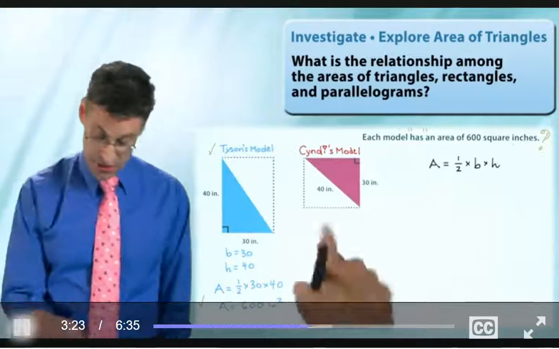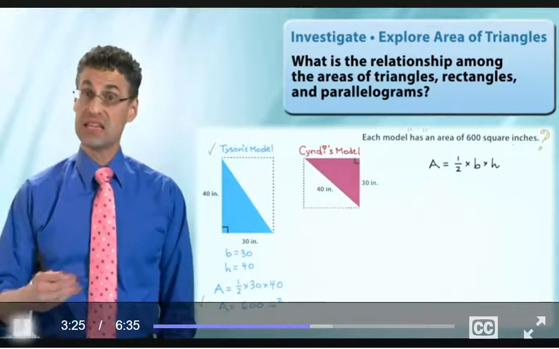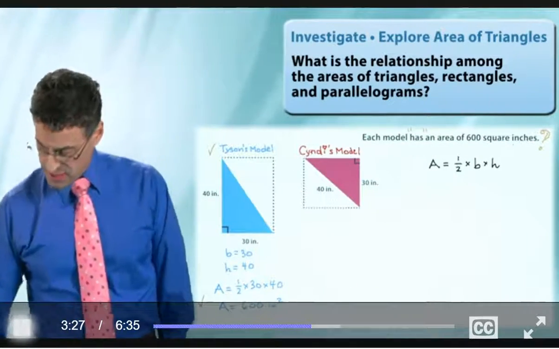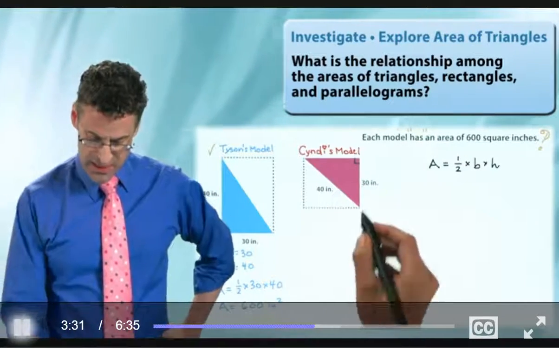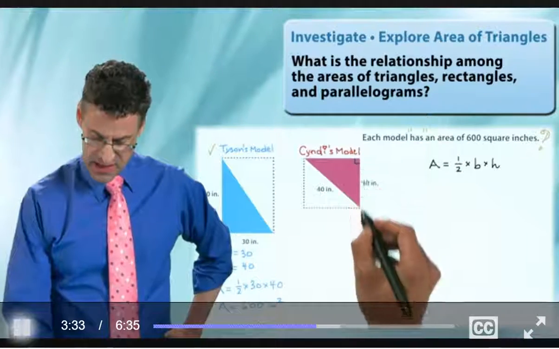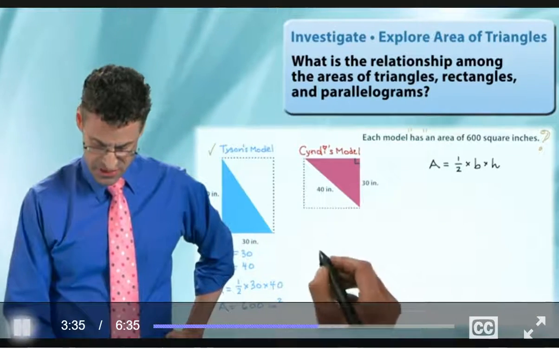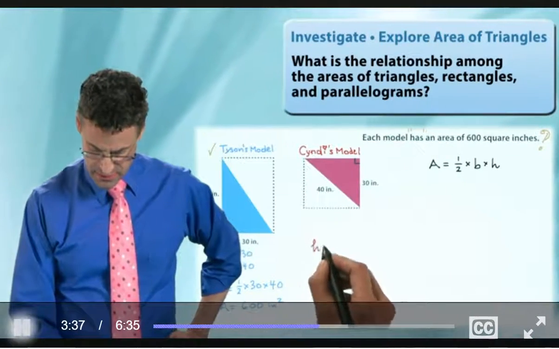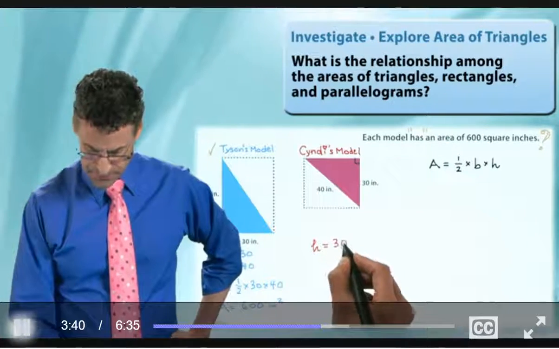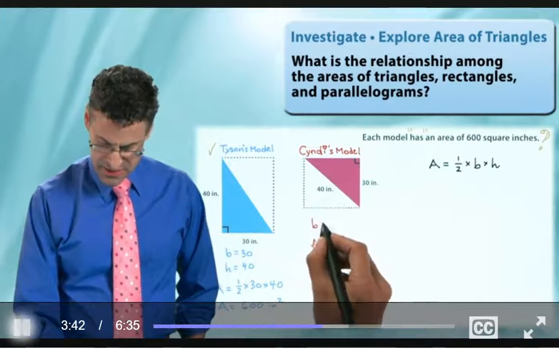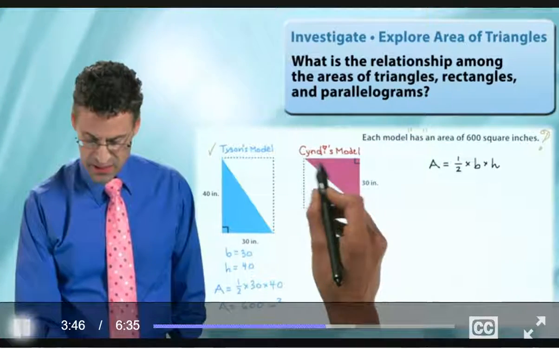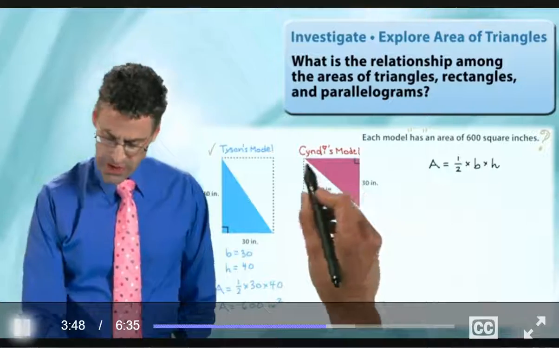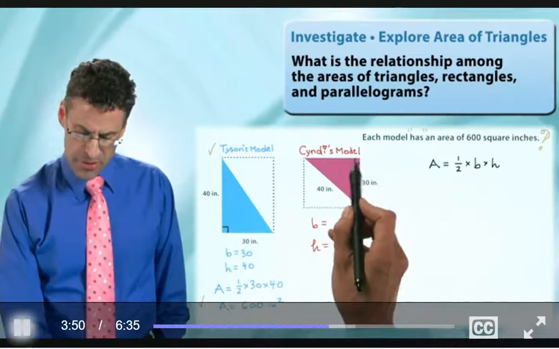Now let's take a look at Cindy's model, which I really like. It's very pretty. Let's see, though, if it gives us the right area. In this case, we see that this is the height, and that's 30. And what about the base? Well, the base would be this length, which would correspond to this length right here. Oh, but wait a minute. We don't know that length, right?